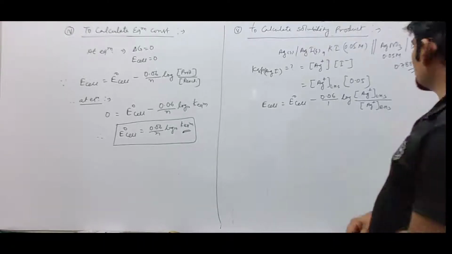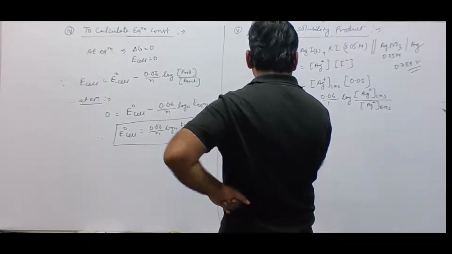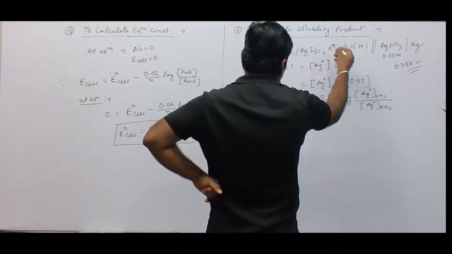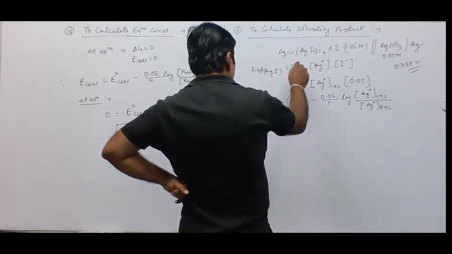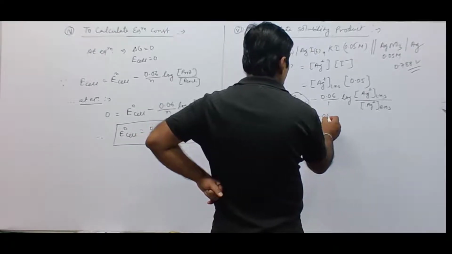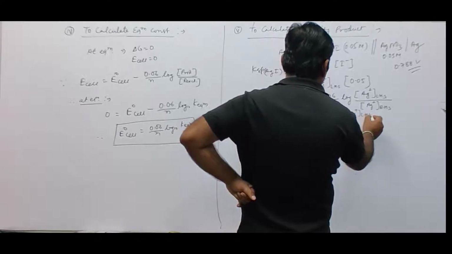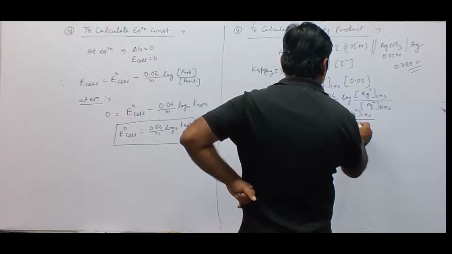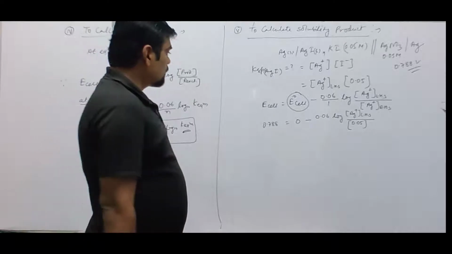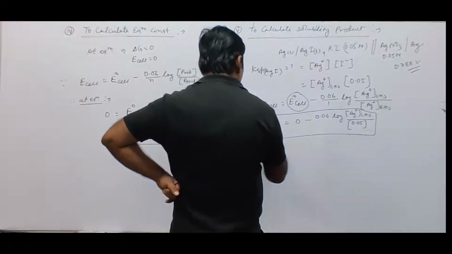So now do the question. EMF of cell is 0.788 volt, which equals E naught of cell, which is 0 because this side is a silver electrode and that side is a silver electrode. So E naught of cathode minus E naught of anode equals 0, minus 0.06 into log of Ag plus LHS divided by 0.05 at RHS. By solving this equation, we will get the value of Ag plus of LHS.